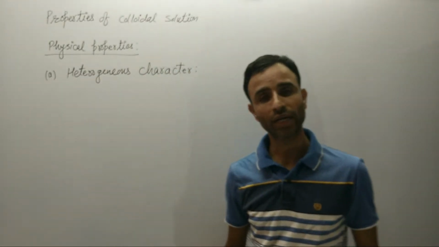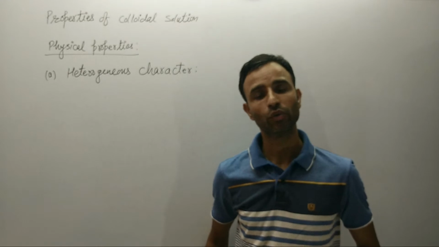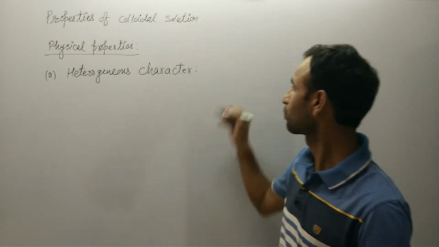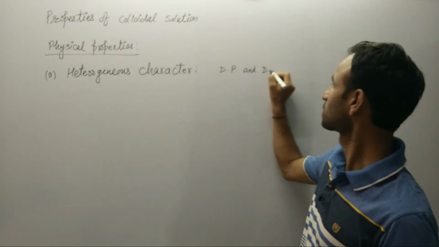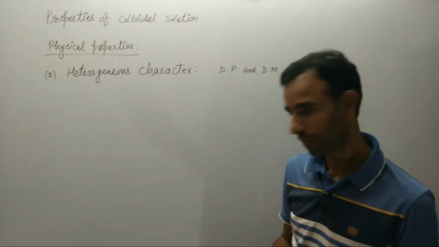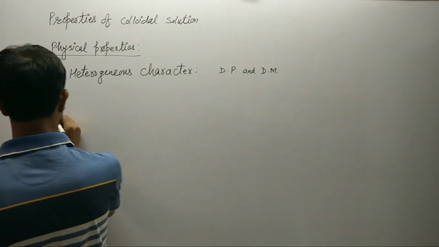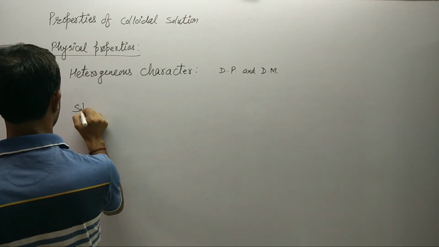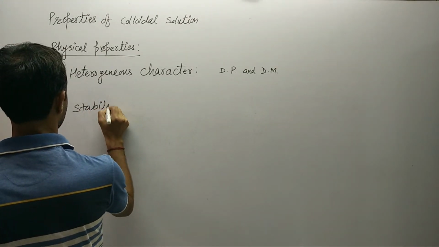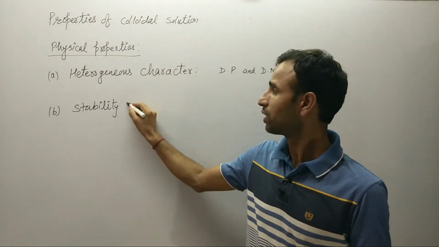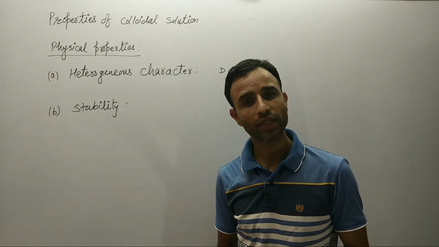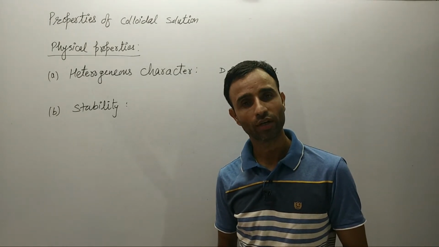So they are heterogeneous, consisting of dispersed phase and dispersion medium, right? Now stability. So colloidal particles, are they stable or unstable?